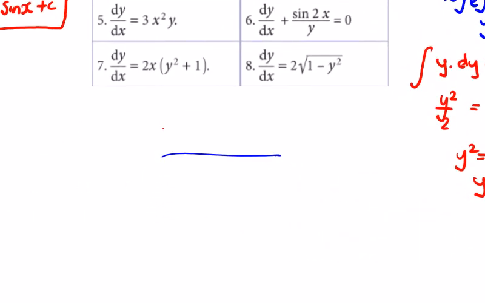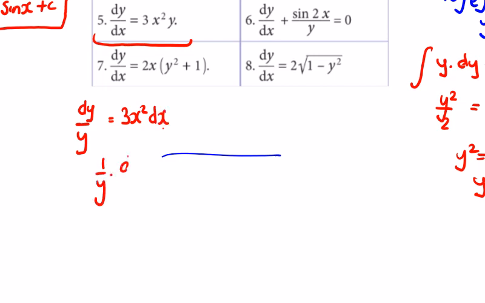Number 5, if we divide by y, dy divided by y is equal to 3x squared dx. So we get the integral of 1 over y dy equal to the integral of 3x squared dx.